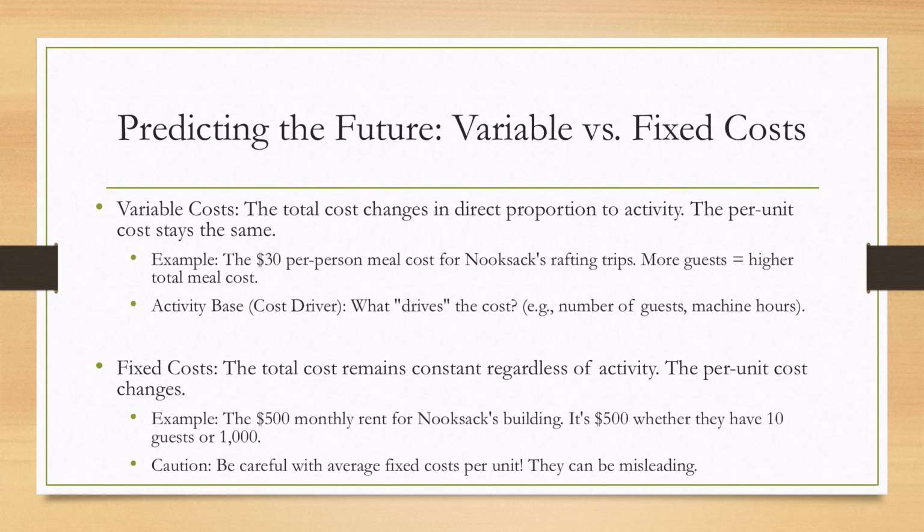A variable cost is a cost whose total amount changes in direct proportion to changes in activity. The classic example is the per-person meal cost for a tour company like Nooksack Expeditions. If each meal costs $30, the total meal cost is $30 for one guest, $300 for 10 guests, and $3,000 for 100 guests.